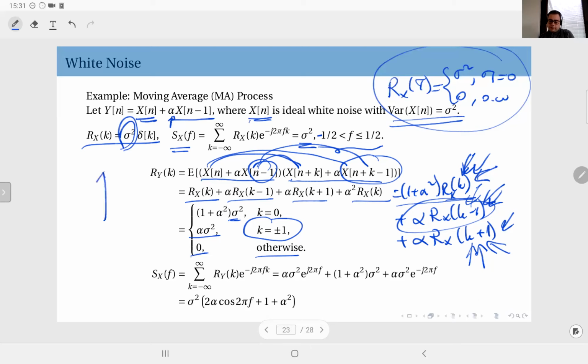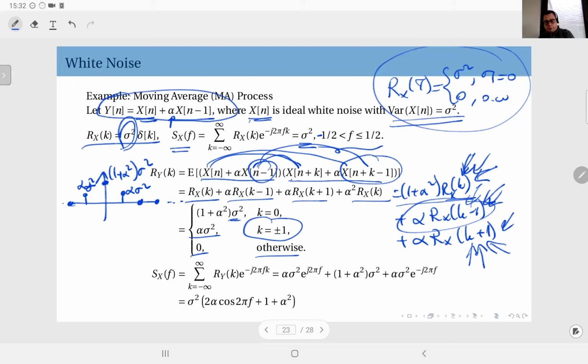So this is 1 plus alpha square times sigma square here, alpha times sigma square here and here, and all zeros elsewhere. This is the autocorrelation of y, the process defined in this way.